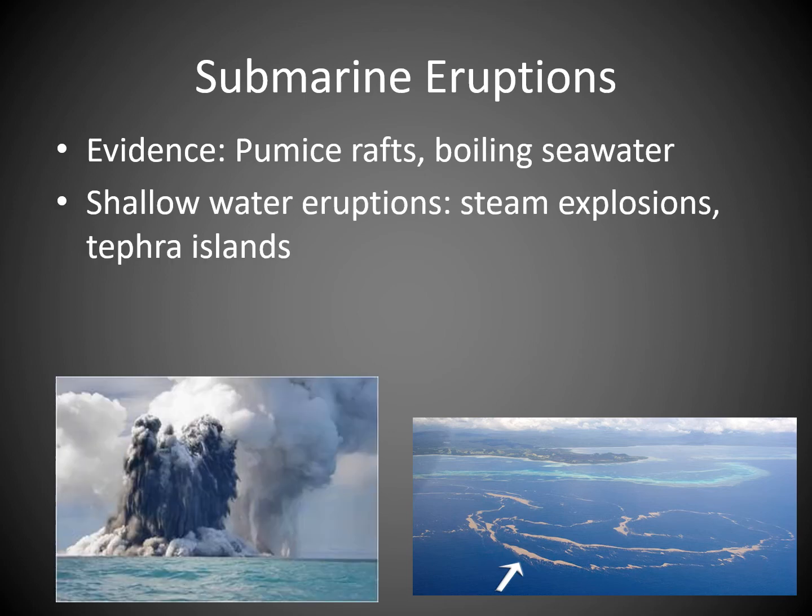And then sometimes we have submarine eruptions that are occurring pretty close to the ocean surface, and they will actually erupt through the ocean surface. This has happened in the Mediterranean several times. It's happened off the coast of Iceland numerous times. It's happened around Japan many times.